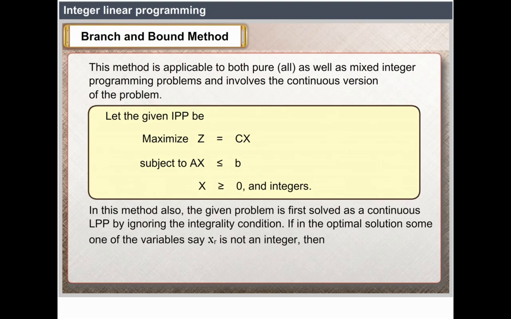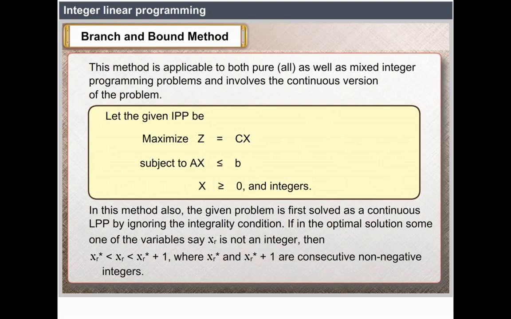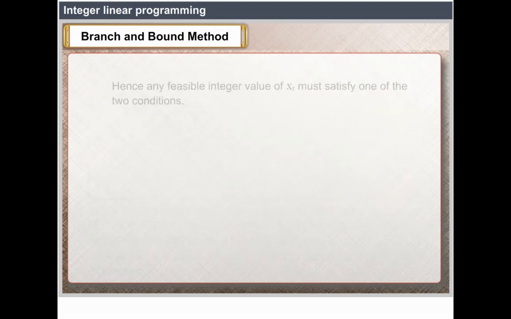In this method also, the given problem is first solved as a continuous LPP by ignoring the integrality condition. If in the optimal solution some one of the variables, say xr, is not an integer, then xr star less than xr less than xr star plus 1, where xr star and xr star plus 1 are consecutive non-negative integers.